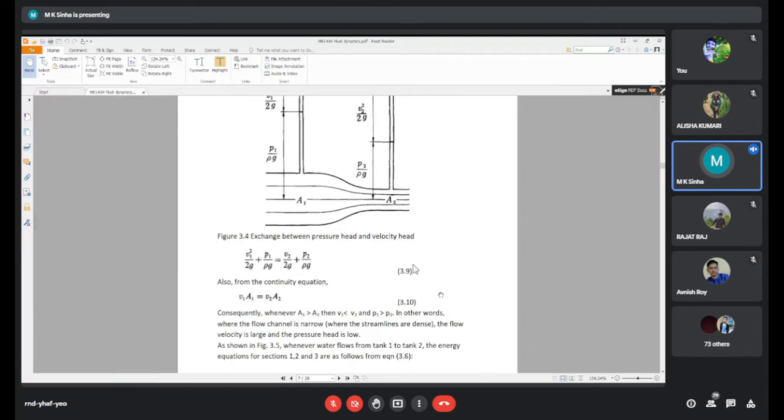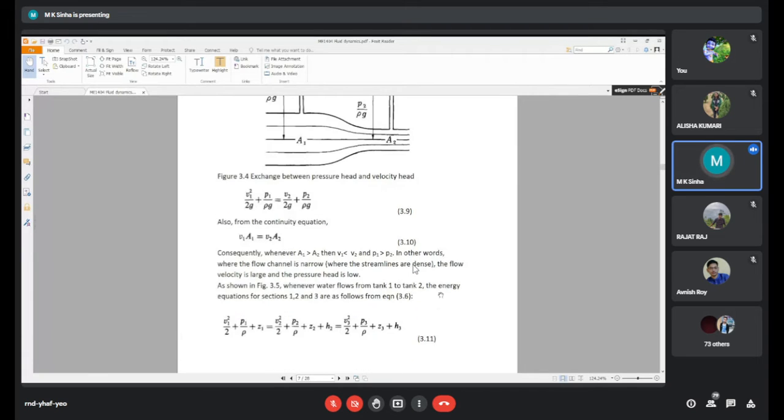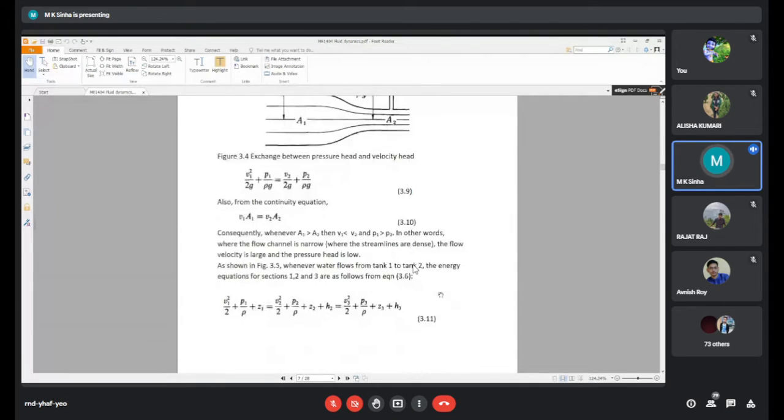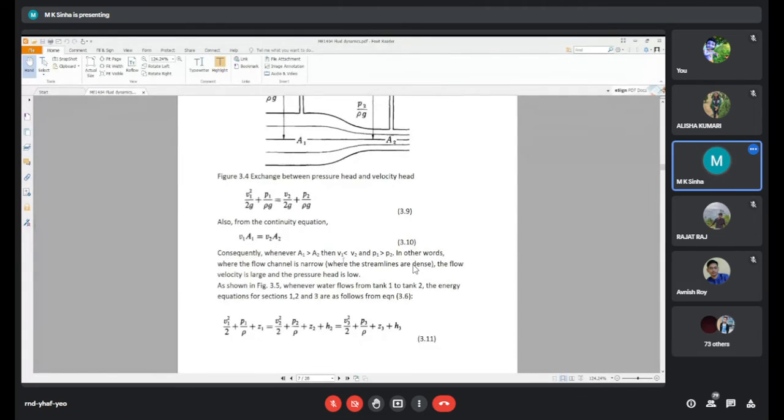From the continuity, we can write at the two sections, for a one-dimensional situation with incompressible flow. Always remember the Bernoulli equation is written for incompressible flow, so obviously this also plays a role. So when area is greater, velocity is less, from the continuity we can say that.